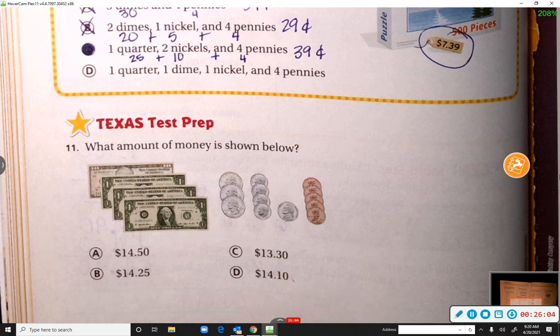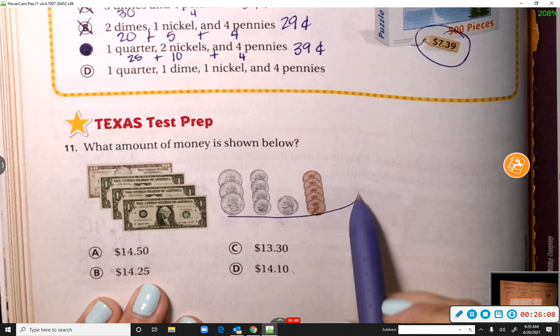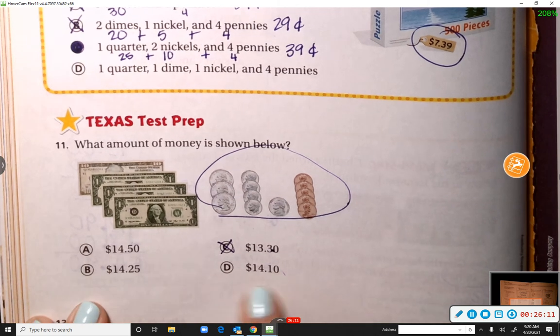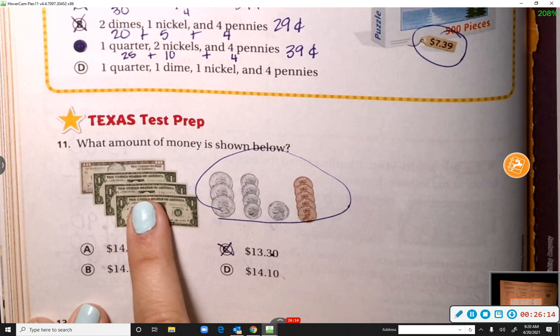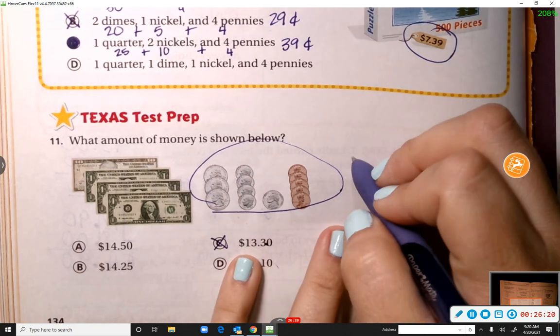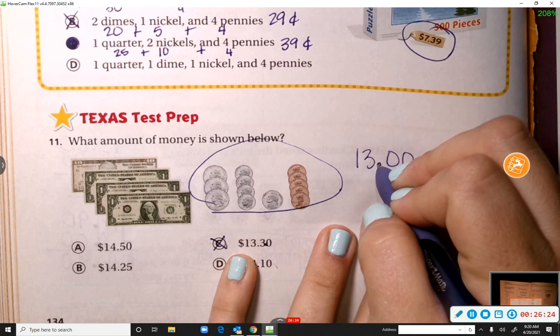C. I want to go ahead and eliminate C probably because I know this has got to be more than 30 cents here. 13.30. Okay? These I want to leave because even though I just said $13, these coins could end up making a whole nother dollar, right? Okay? So I'm going to write over here I have $13 in bills.